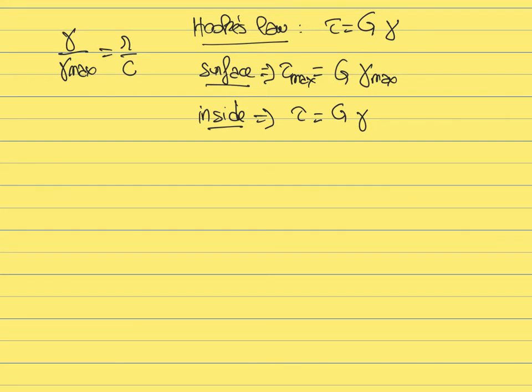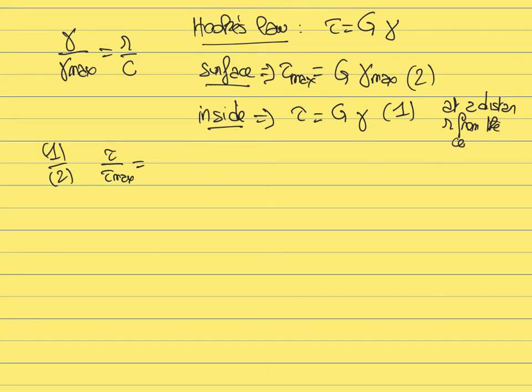So again, I can take those two expressions, 1 and 2, and divide them with respect to each other. If I take 1 divided by 2, I have tau divided by tau max, so the shear stress inside the material, at a distance R from the center, and the other one at the surface, that is to say at a distance c from the center.